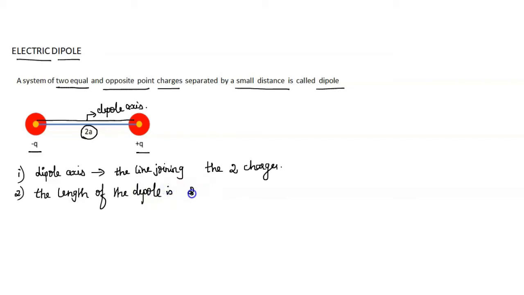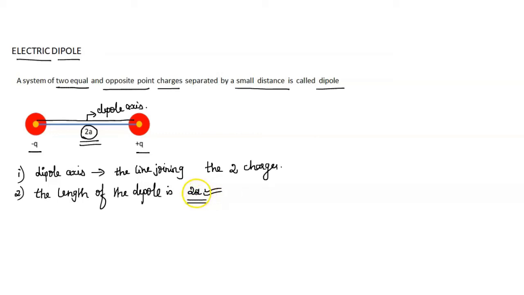And second one, the length of the dipole is always 2a. This is a constant value. If two point charges are in a dipole, then the distance between those two point charges is always 2a. This value is very important when it comes to the numericals of this chapter.